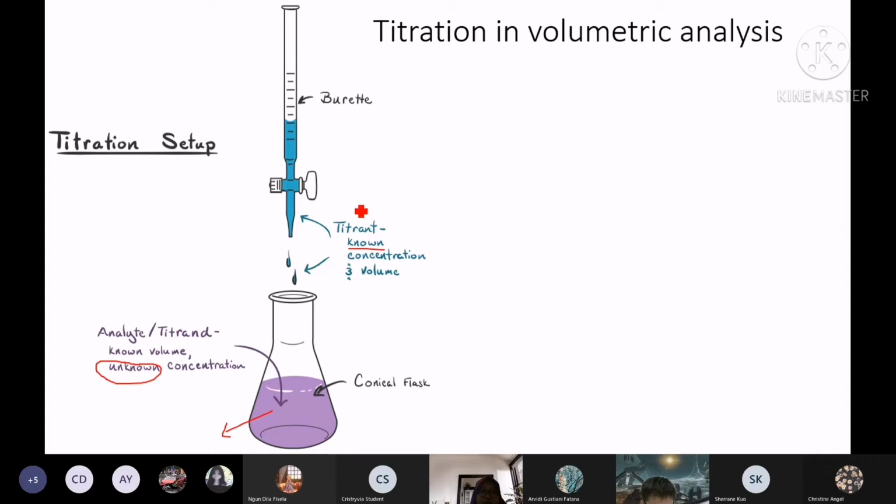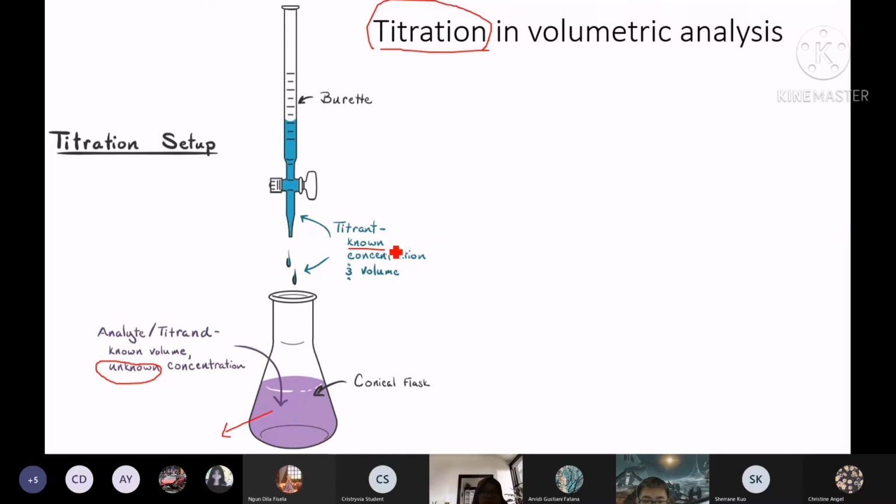How to do it? By measuring the volume needed to neutralize the reaction between the unknown solution and known solution. We call this method titration.